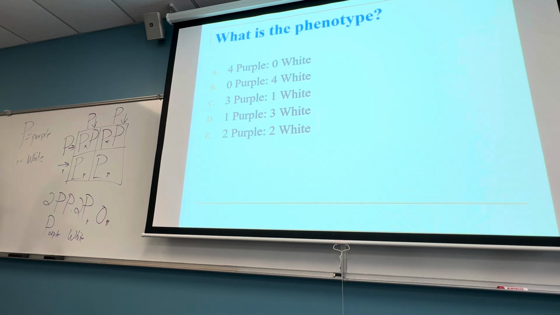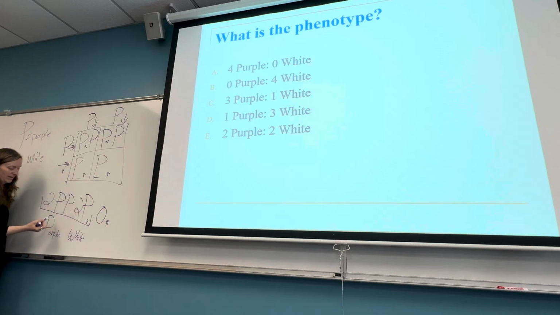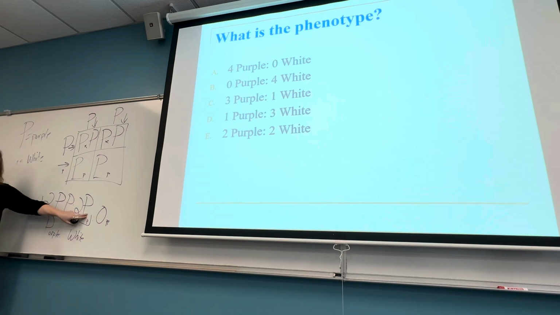How many purple individuals do we have from our genotypic ratio? 4. Good. Okay, so the ones that are going to look purple are going to be homozygous dominant as well as heterozygous.